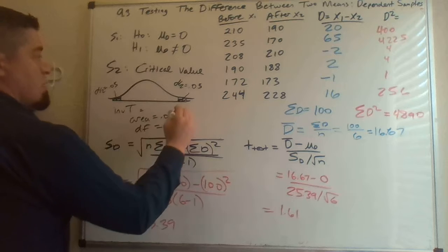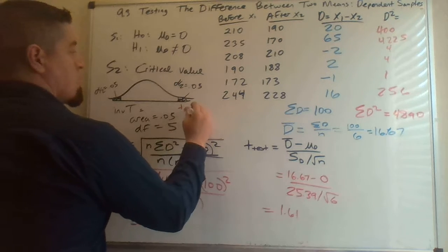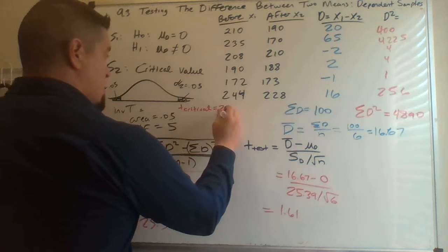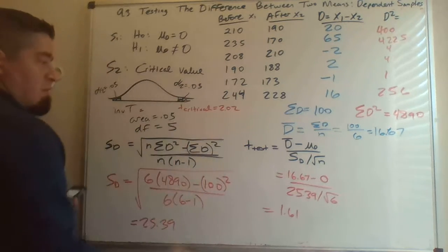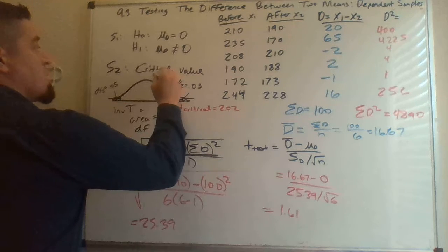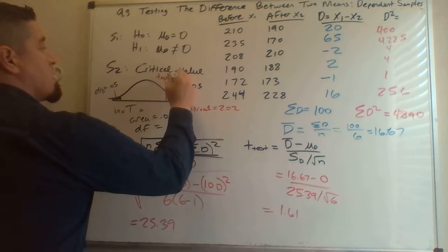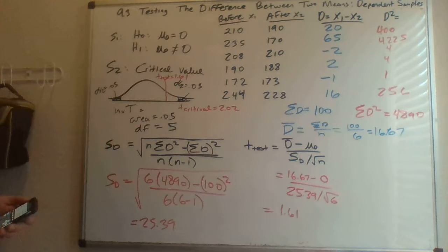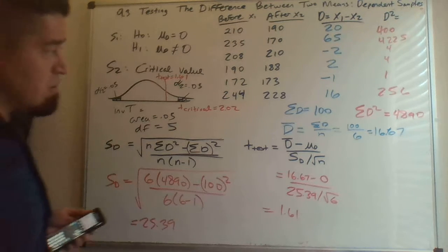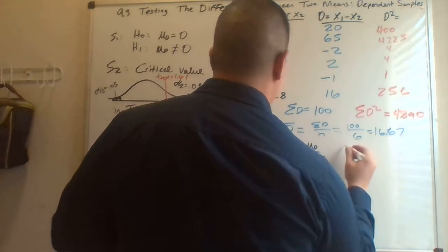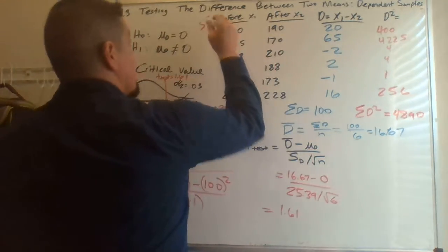So that's our t critical, which is 2.02, positive and negative. 1.61, however, would fall right here, which means it's not in the critical region, therefore we fail to reject the null hypothesis, and that's going to be our step. So all this mess is step 3 again.